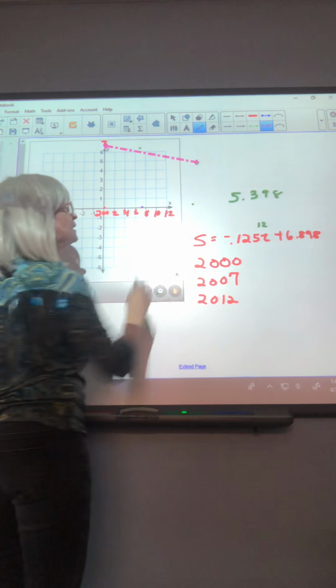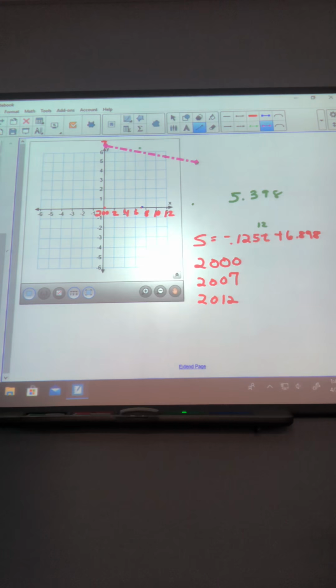So possibly you could make an estimate that in about 2016, the lambs and sheep on farms will decrease to 4.89 million. Okay, and you can also see the negative slope. You can see it falling.